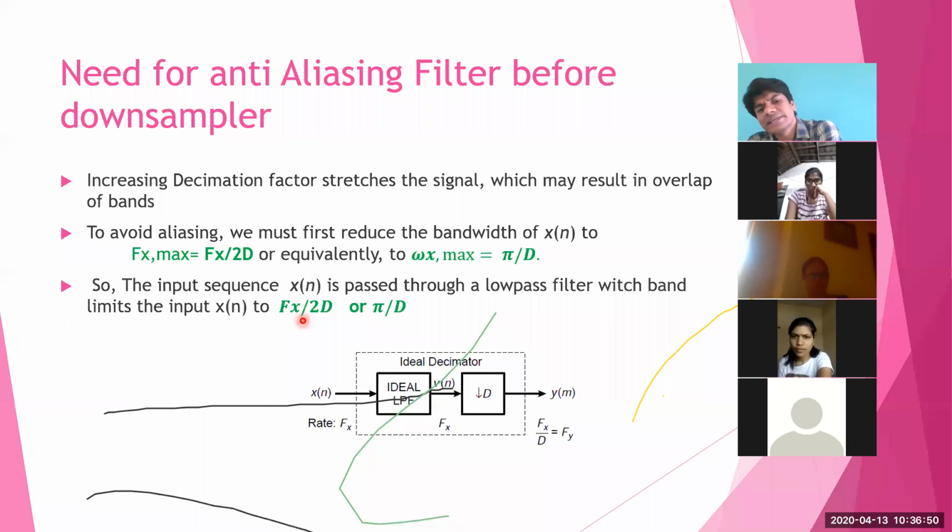What this does is that if any frequency components more than Fx by 2D are there, this low-pass filter will eliminate all those components so that we will not have the aliasing effect.